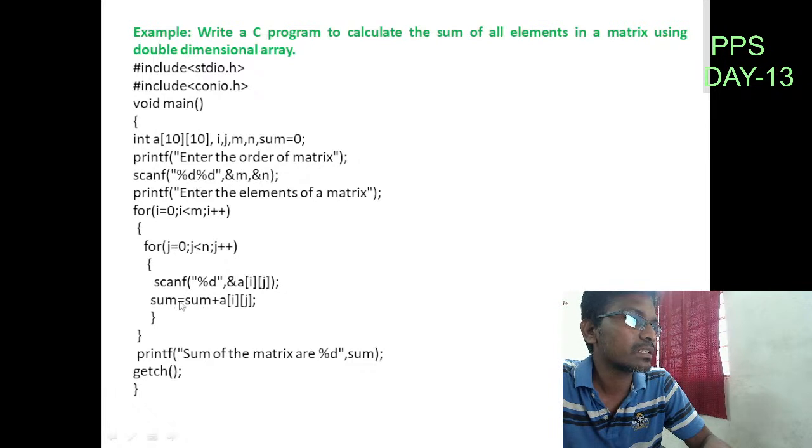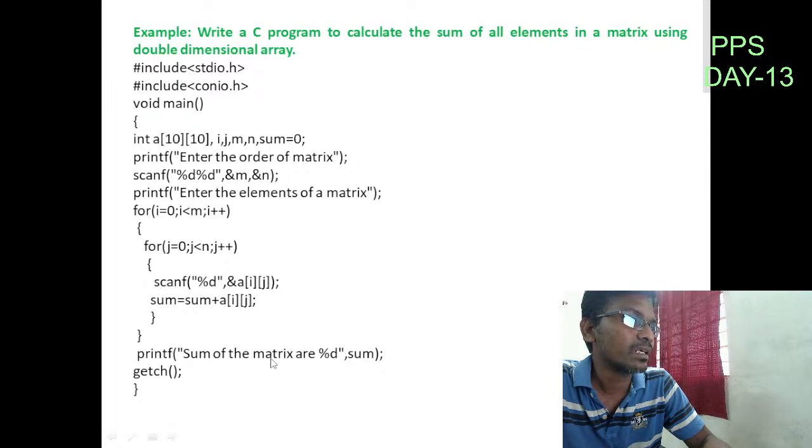This statement can also be written separately, but to reduce code I'm writing the same expression, sum is equal to sum plus a of i j, within this for loop only. That means while reading my array elements, I directly do the sum immediately. After summing the given array elements, the result will be stored in the variable sum.